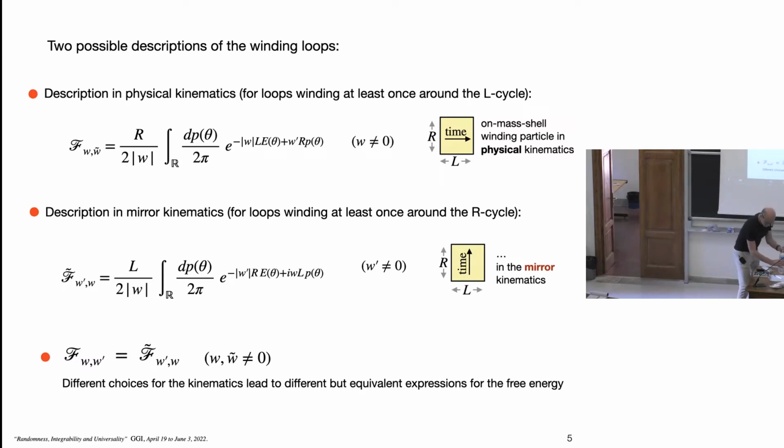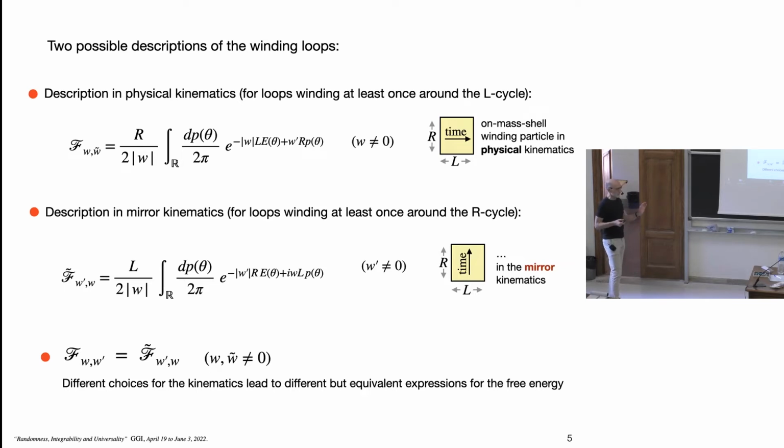So when we sum over the loops, we can use either of these descriptions at will, and in this way we can write different expressions for the free energy on the torus for the free theory, say?